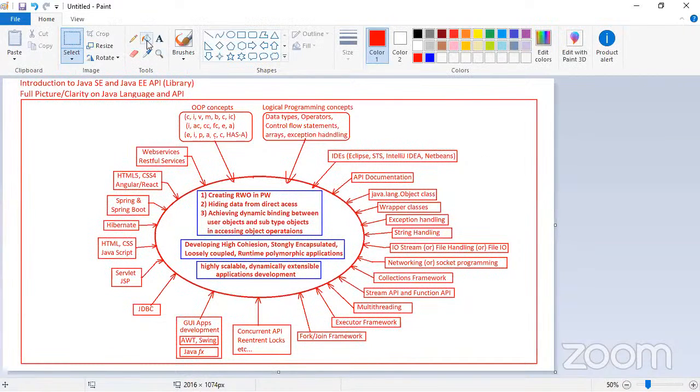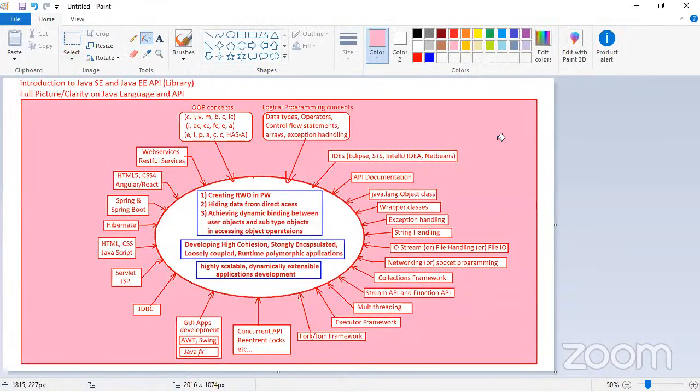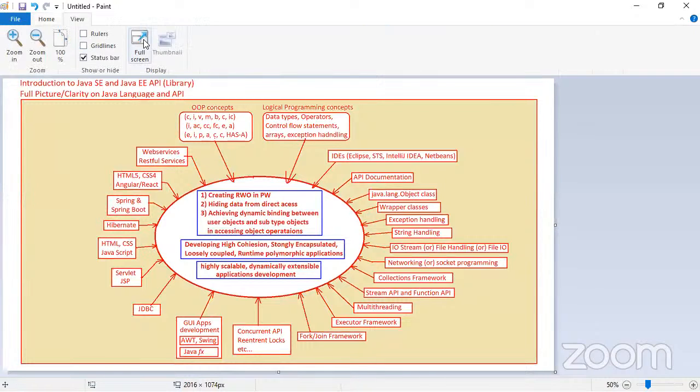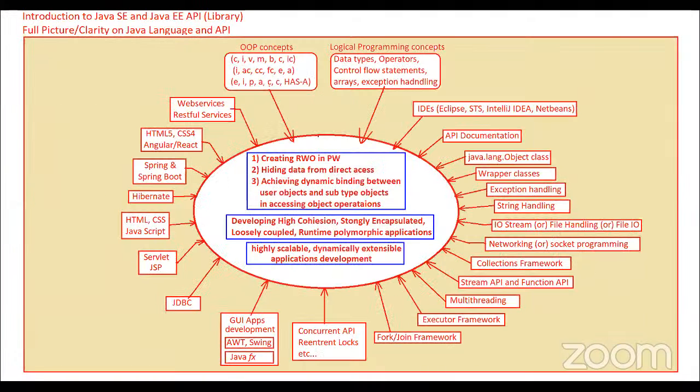Okay? So if you have clarity on this diagram, then Java is in your hand. That's it. If you have clarity on this diagram, Java is in your hand. Anything you can answer clearly.